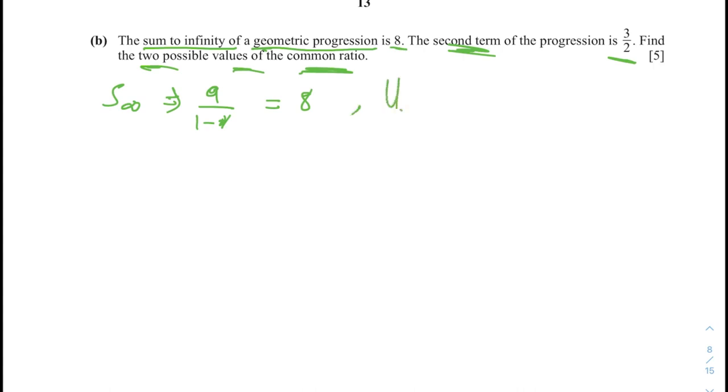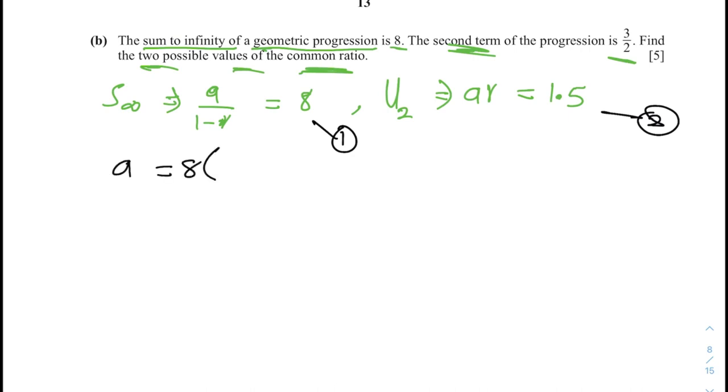But they told us that the second term, U2, which is AR, is equal to 1.5. So now you have 2 equations. We call this equation number 1 and this equation number 2, and we are going to solve them simultaneously.